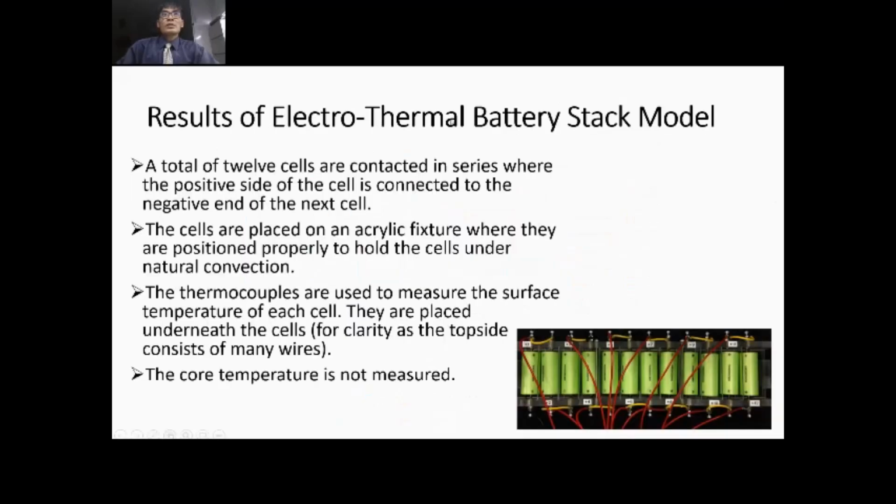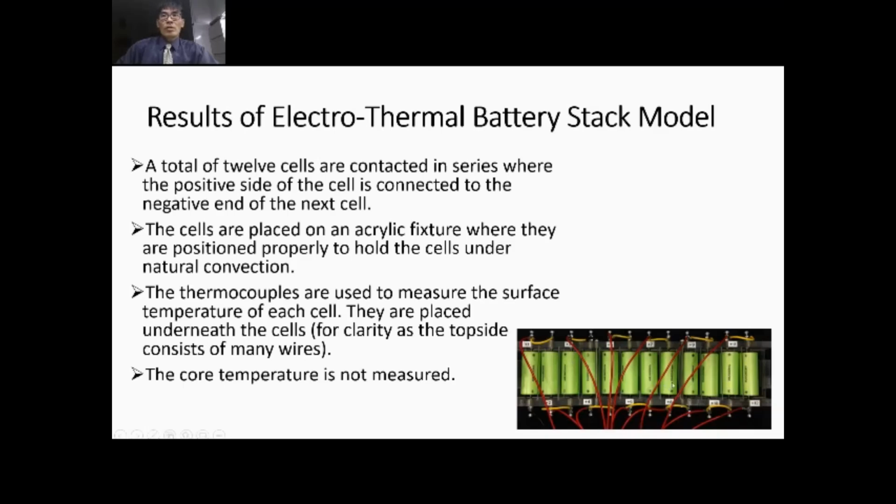And the result of the electro-thermal battery stack model: a total of 12 cells are connected in series, where the positive side of the cell is connected to the negative end of the next cell. The cells are placed on this fixture as mentioned before, and thermocouples are used to measure the surface temperature of each cell. They are placed underneath the cell, so you do not see them in these pictures.